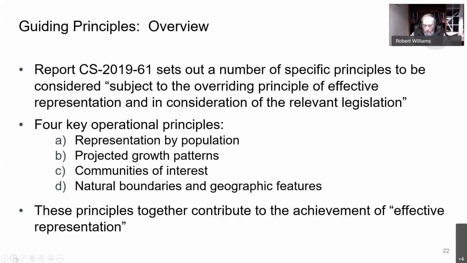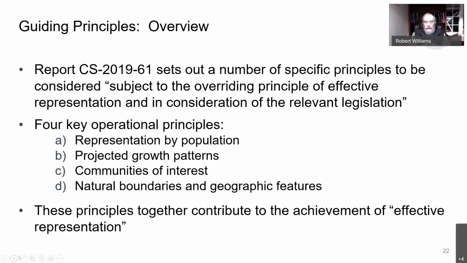In that report, a number of specific principles were to be considered, but they were provided in conjunction with a statement that is quoted there. These principles are to be considered subject to the overriding principle of effective representation and consideration of the relevant legislation.